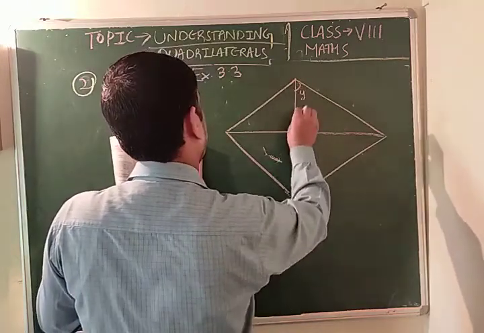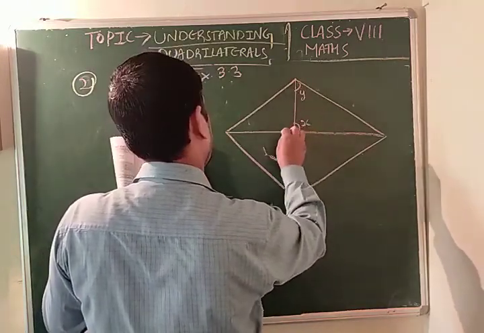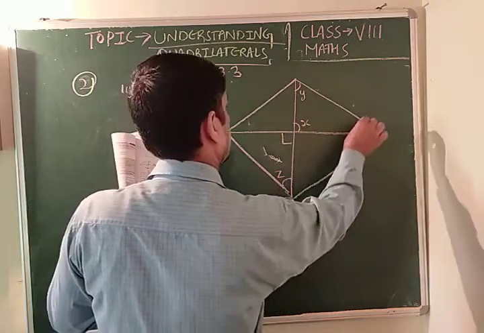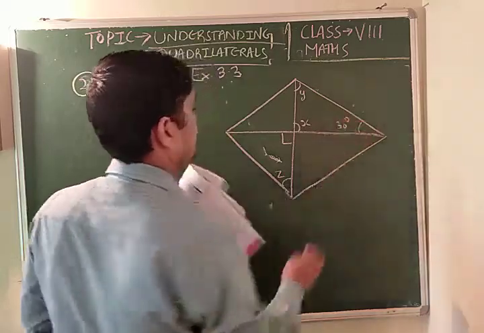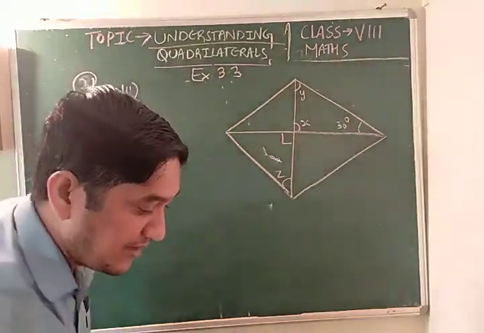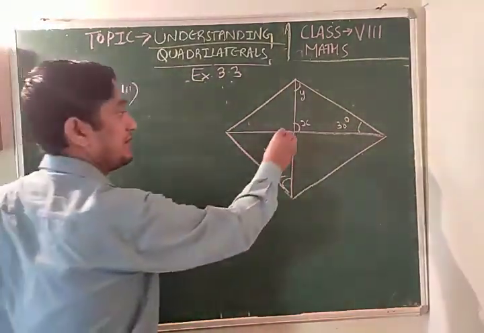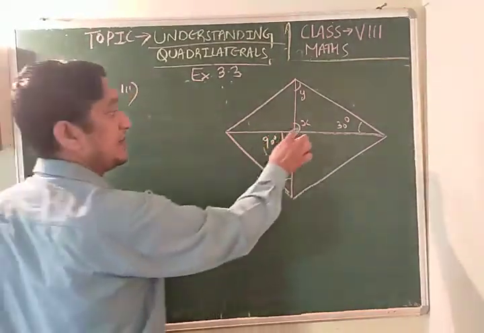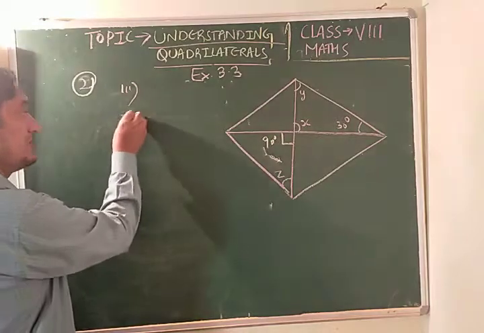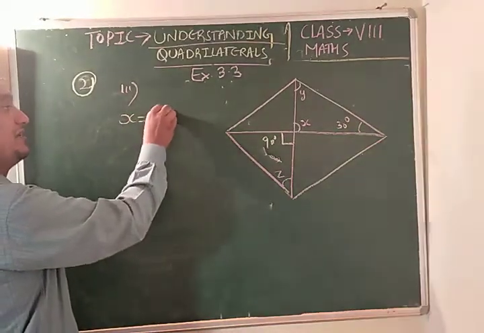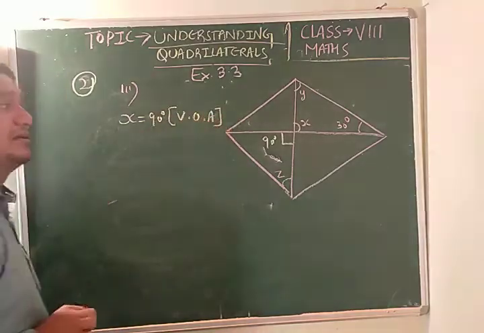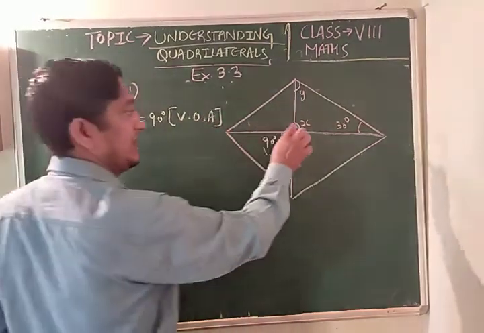This is y, this is x, this is 90 degree, this is z, and this is 30 degree. Now look children, this is the symbol of 90 degree angle. And we know that x is also 90 degree because vertically opposite angles are equal.